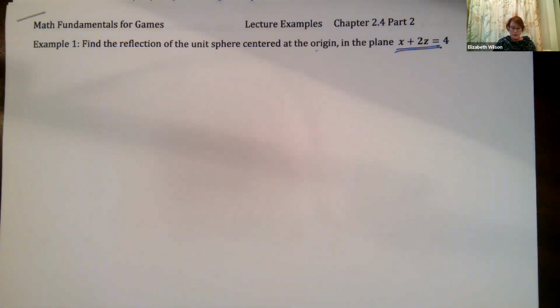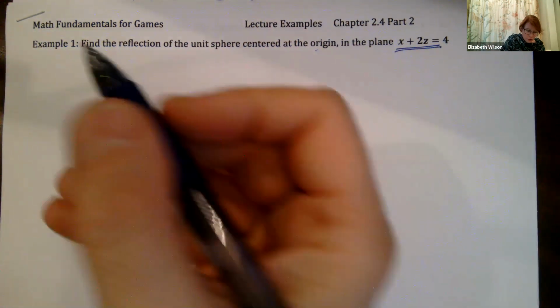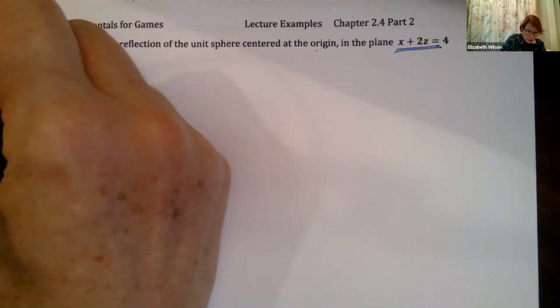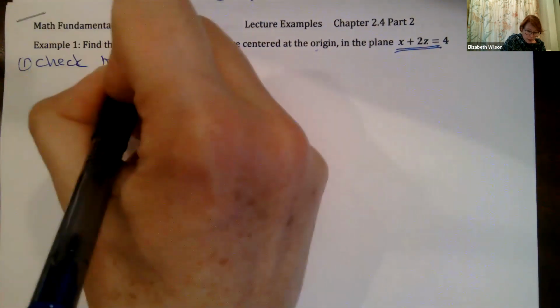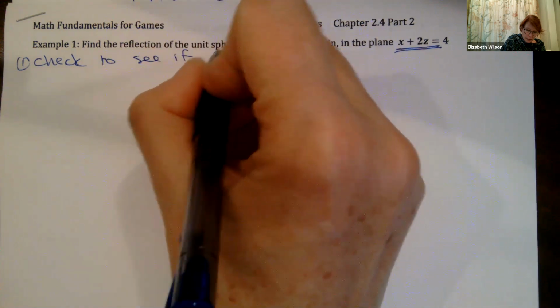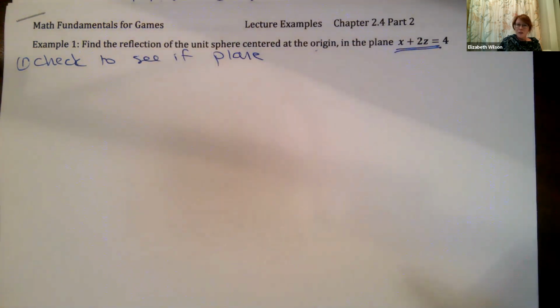But the plane doesn't go through the origin anymore. So the first thing I'm going to do is a quick check. I'm checking to see if the plane goes through the origin, because remember, if I'm transforming around a plane, I had to come up with the matrix of transformation that's related to that plane.